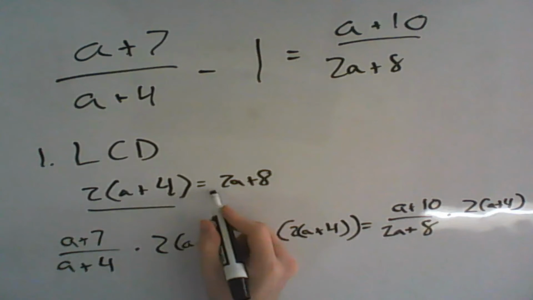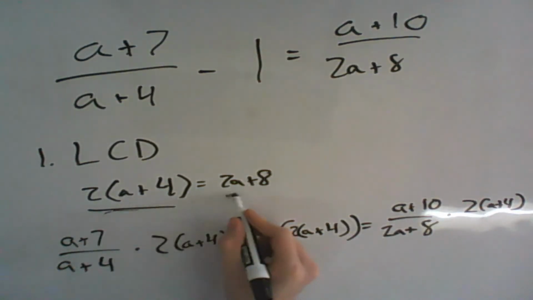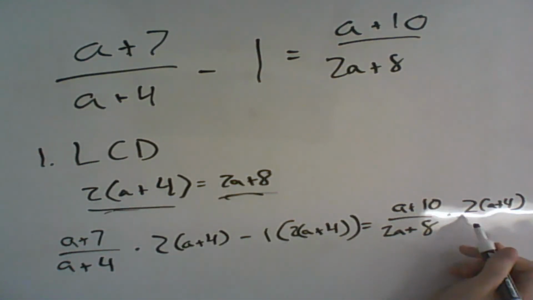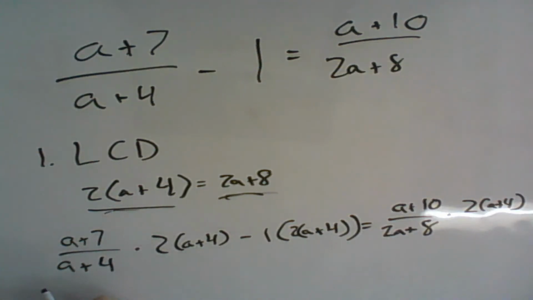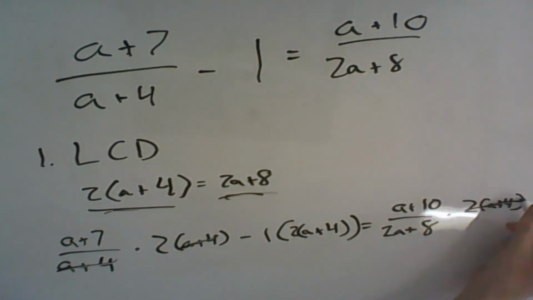Now if we know that this and this are the same thing, then we can cancel. So we cancel a plus 4 and a plus 4. We cancel this 2 times a plus 4 and this 2a plus 8.